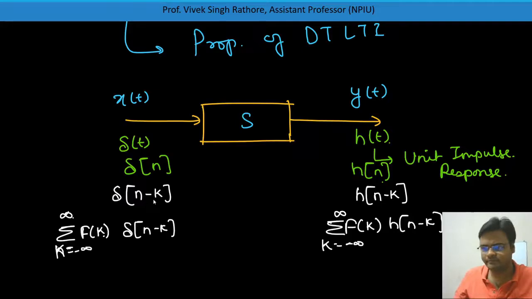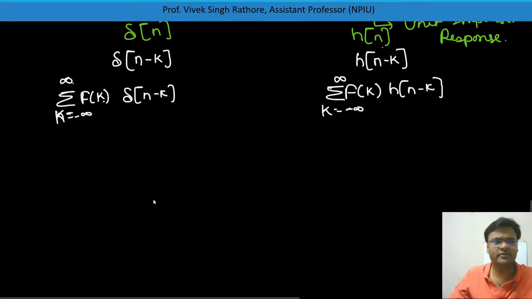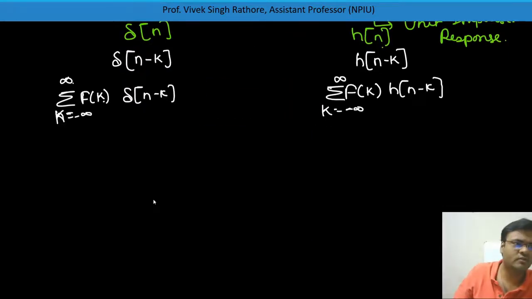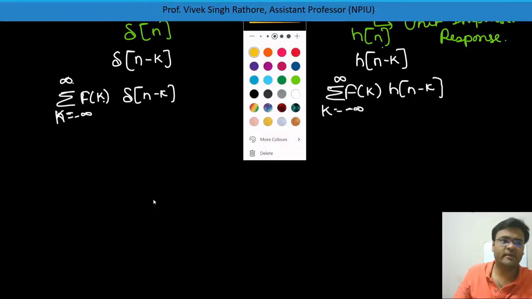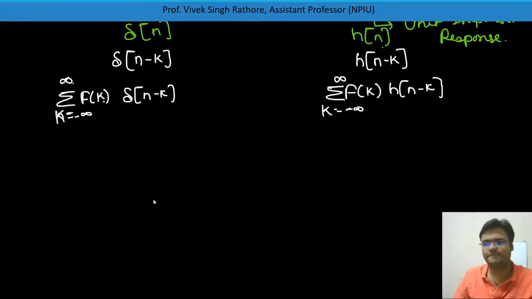Okay, this we need, because as you know, any signal multiplied by delta of n minus k, I have explained this property while studying the impulse response also.